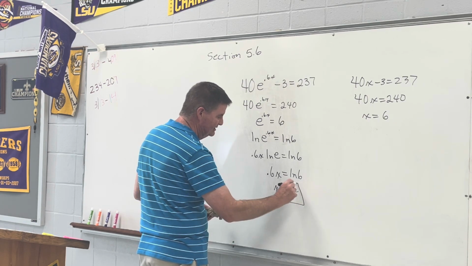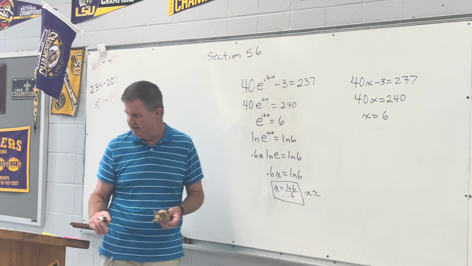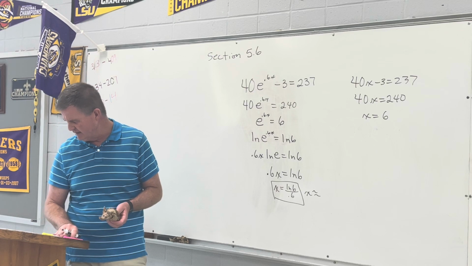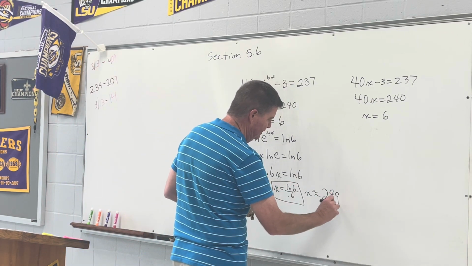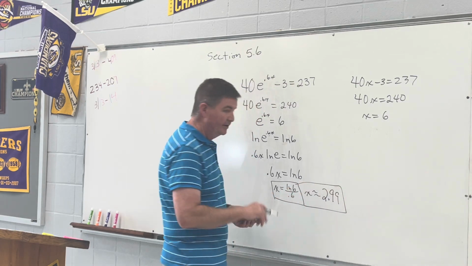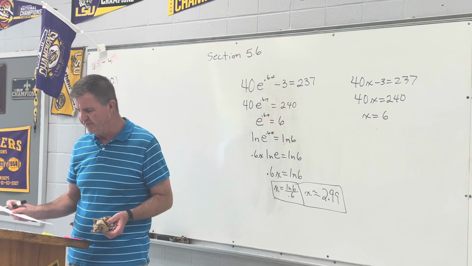This is the exact value. If I do the approximation, it comes up to be approximately 2.99. Again, depending on which one Cengage is asking you to put the answer in.